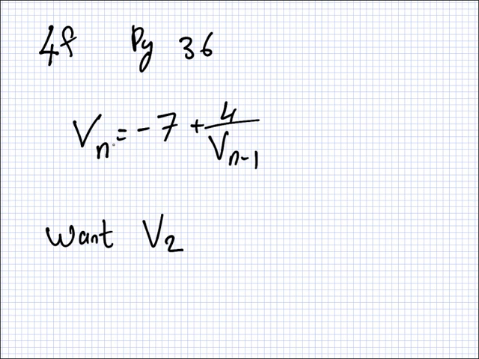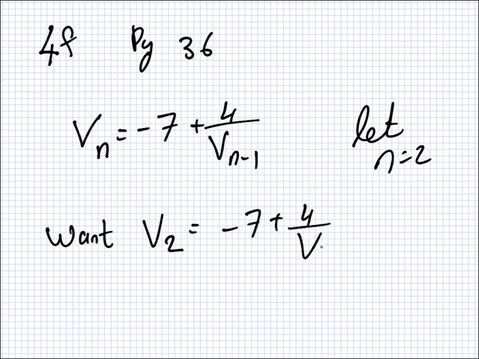If I want V2, make n equal to 2. So you get V2 equals minus 7 plus 4 over V1. But what is V1 in the question? 8. Minus 7 plus 4 over 8. So what do we get for V2? That would be minus 15 over 6.5, isn't it?